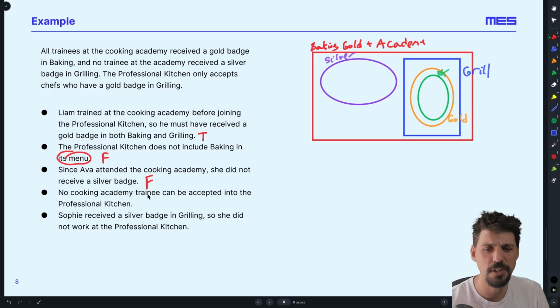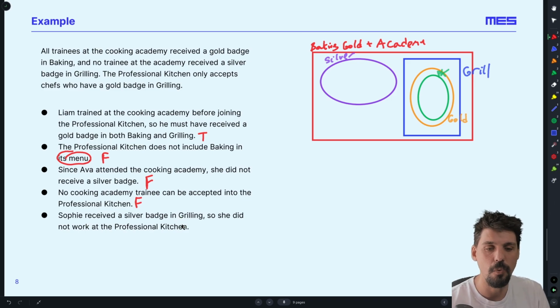No cooking academy trainee can be accepted into the professional kitchen. Well, that's patently false. We've already said that you can. So long as you've got a gold in grilling, you're sorted. Well, you can be accepted. You're not guaranteed. There are some with a gold in grilling that aren't accepted, but we know that you can be accepted in here. Sophie received a silver badge in grilling.